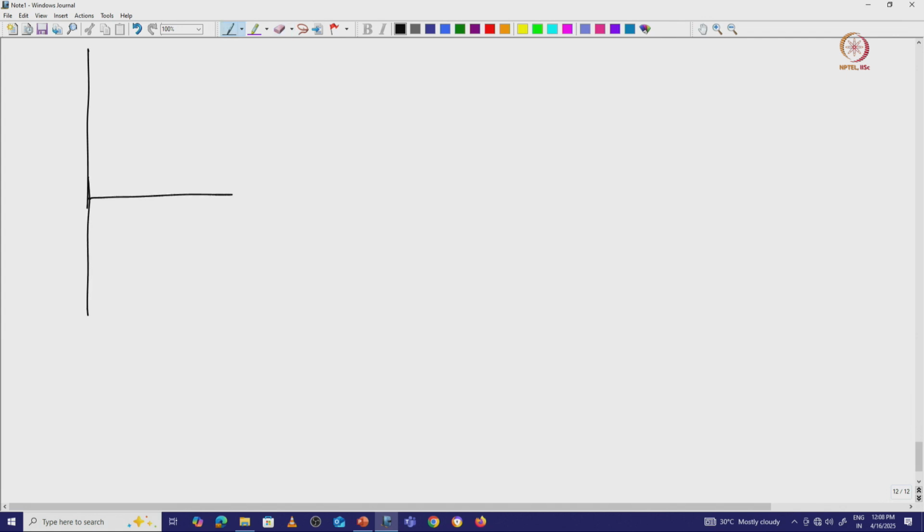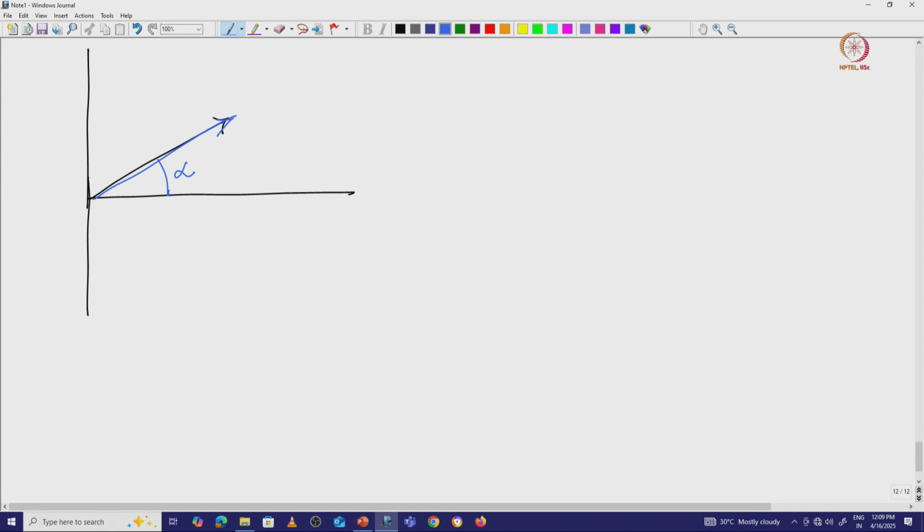So, we have two waves. We can consider one wave, let us draw it blue, and the blue wave angle is alpha.